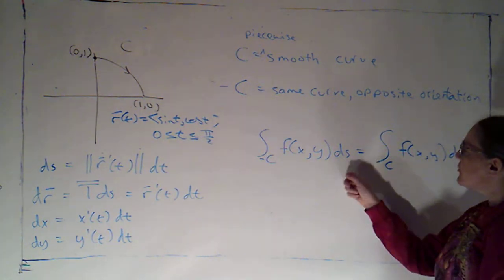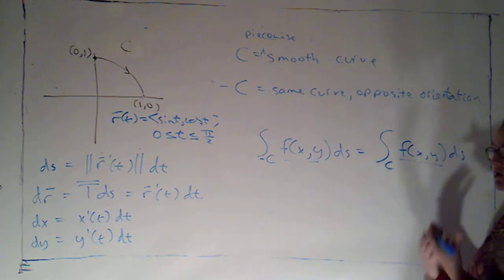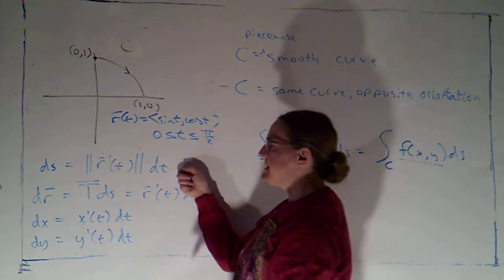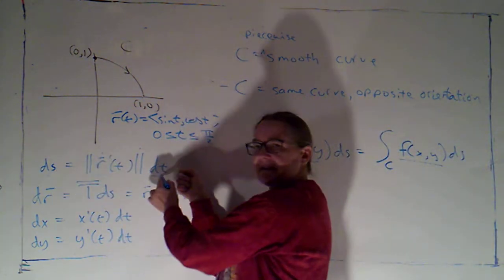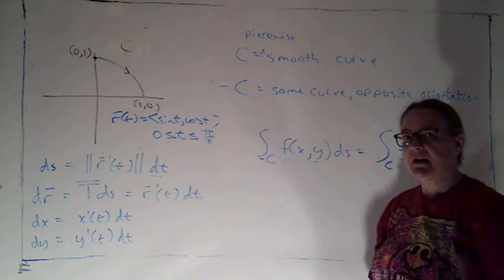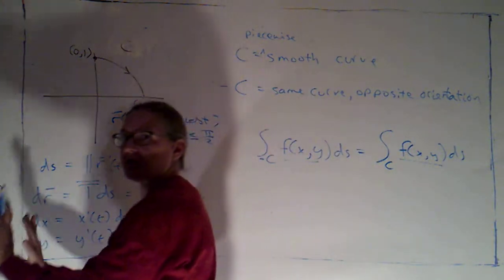Okay. The reason for that, notice I've got exactly the same integrand here. And ds, when I switch it to dt, ds is always positive. So what's happening is if I'm going this way, this is the positive direction.